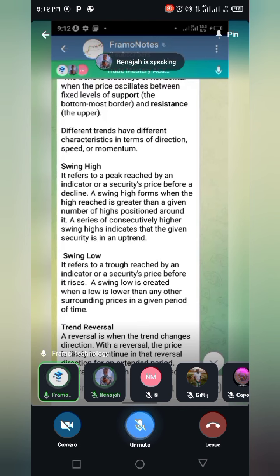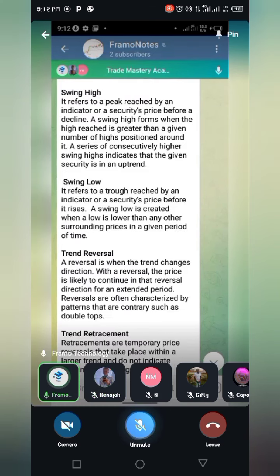Yes. Swing low. A swing low is also a point at which the asset will dip or fall, but begin to reverse. So this time, instead of a peak, we have a trough.